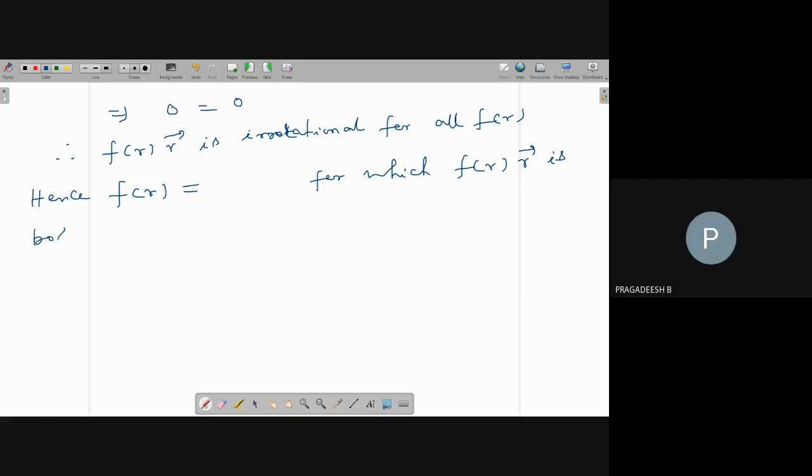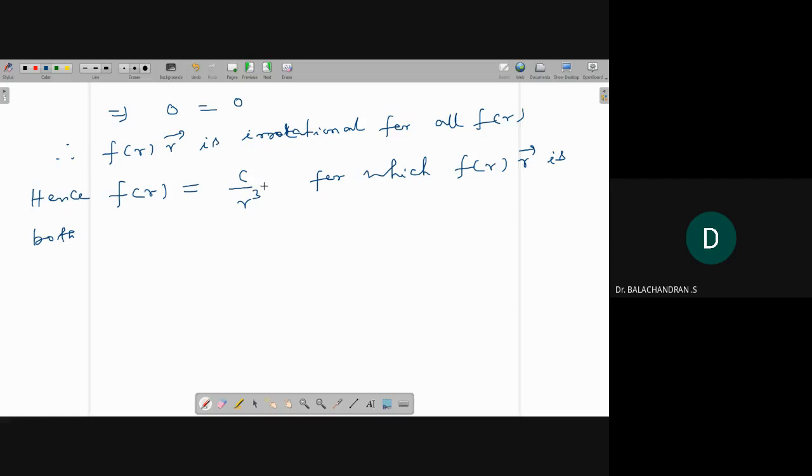C by r cube. Yeah, C by r cube is correct. Because if f of r is C by r cube, then f of r into r vector is solenoidal. But f of r into r vector is irrotational for all values of f of r. So if you take the intersection, you will get f of r equal to C by r cube.